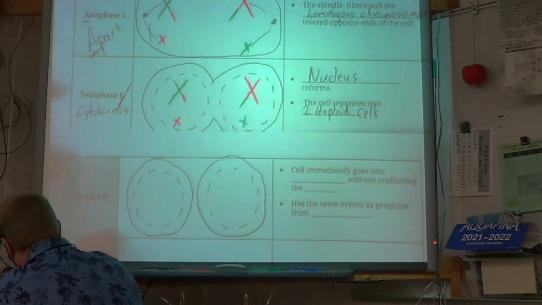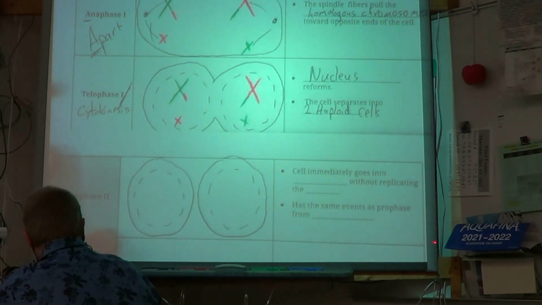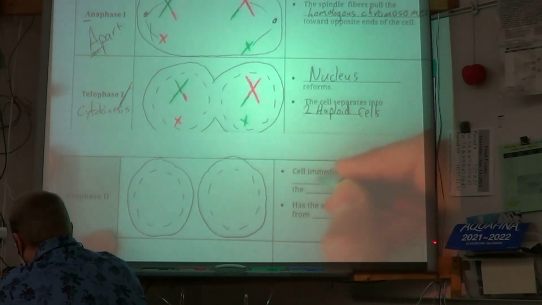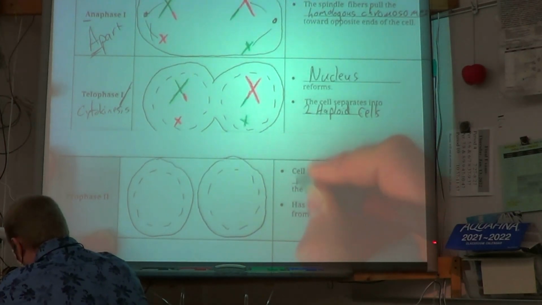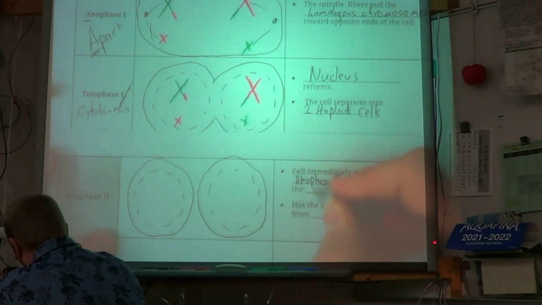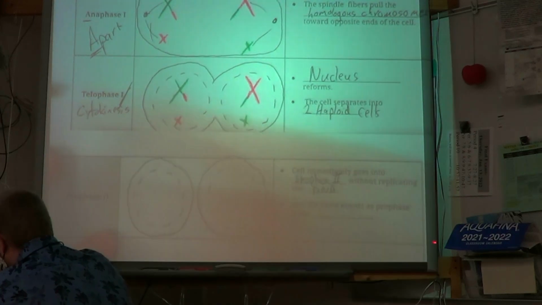It reforms, but we're going to show the nucleus dissolving again. And the cell immediately goes into prophase 2, without replicating the DNA. So we are not going to replicate the DNA.